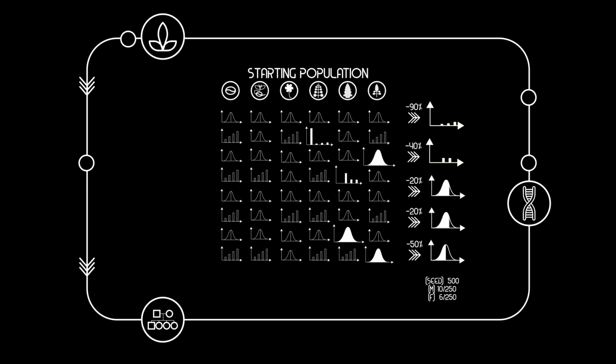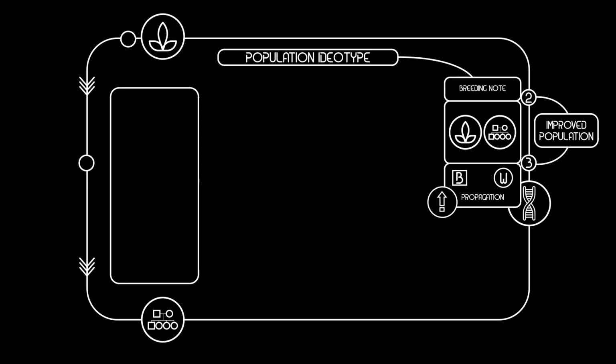We can also consider discarding a population or defining a new ideotype for a different breeding project. In the next part of the video, we will see how we can use superior plants maintained in the propagation area to create inbred lines and finally start to introduce the genotyping techniques for the production of superior hybrid varieties.